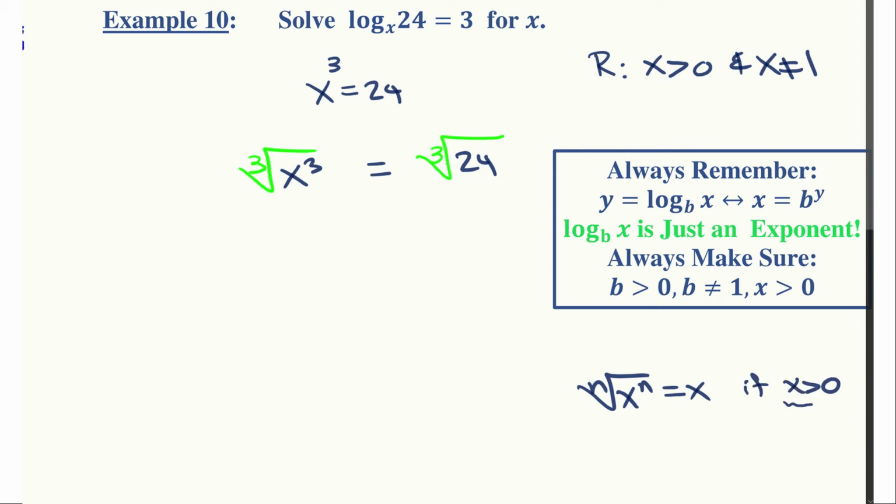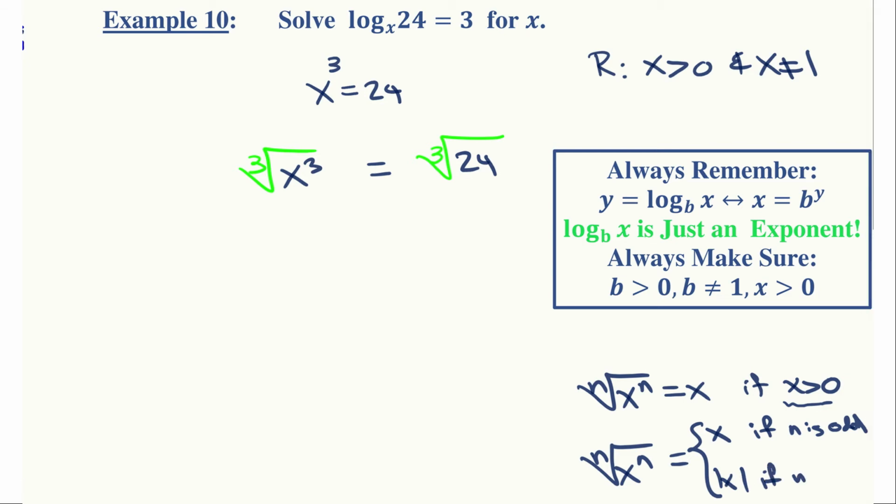Now, if we didn't know that x is positive, which we do know in this case, we would have to be much more precise with that definition. We would want to say the nth root of x to the n equals x if n is odd, and the absolute value of x if n is even.